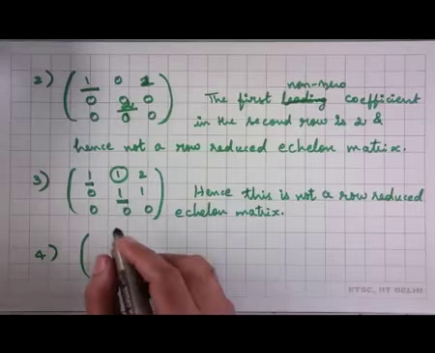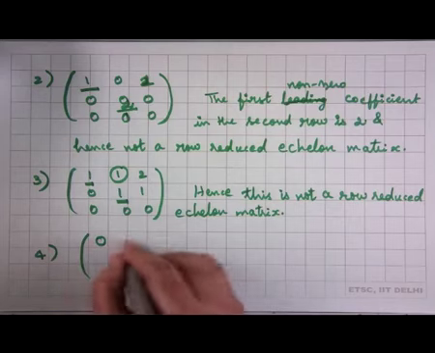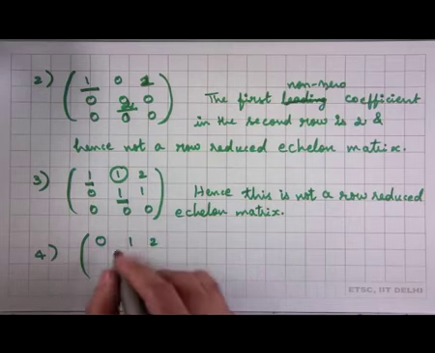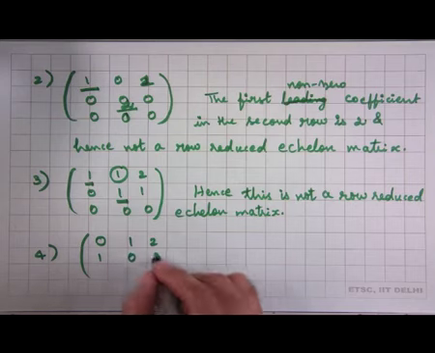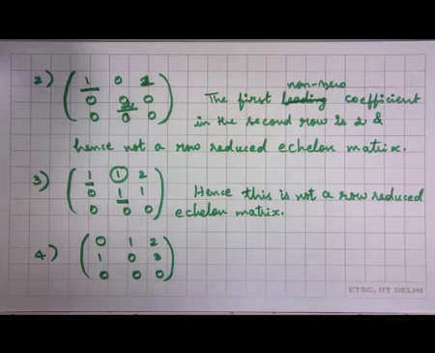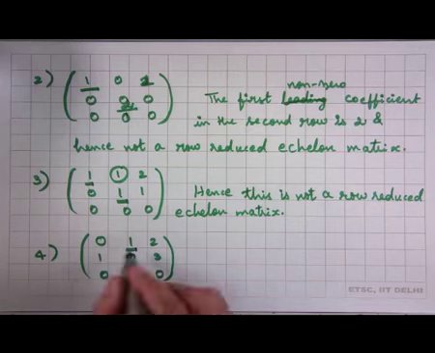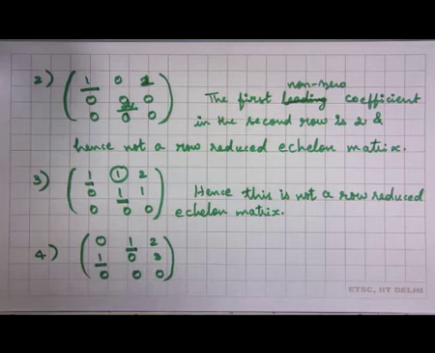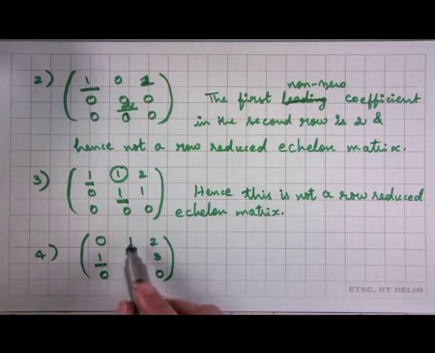Let us look at one more: 0 1 2, 1 0 3, 0 0 0. You have this. So, the 0 row, which is the third row, is below all the other rows. The first leading coefficient is here in the first row, and the first leading coefficient is here in the second row, all these are 1, and wherever you have the leading coefficient the other entries in that column are 0.